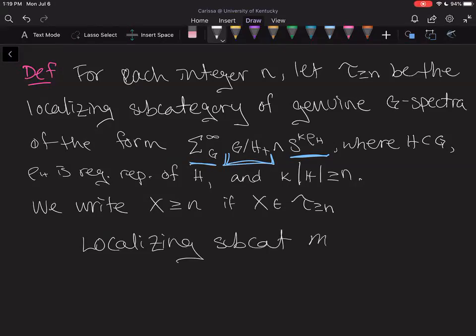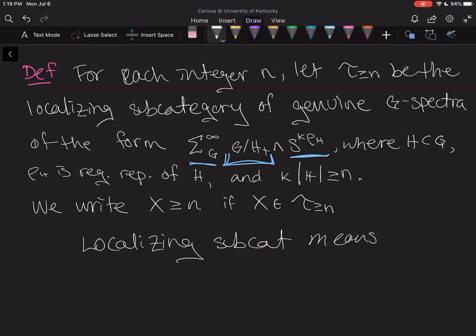Can I ask a historical question here? If I remember correctly, Hill-Hopkins-Ravenel uses a slightly different definition of slice filtration.